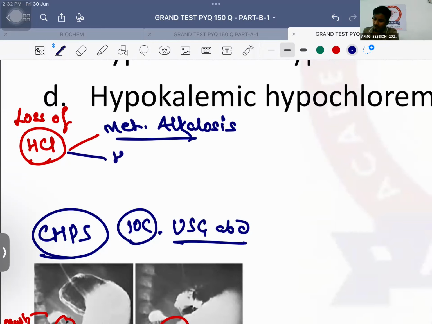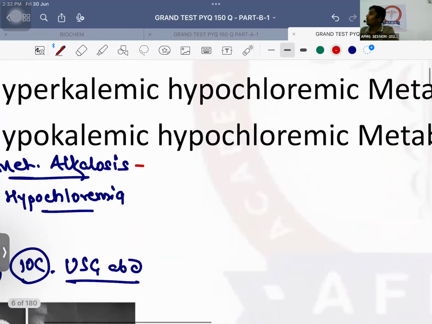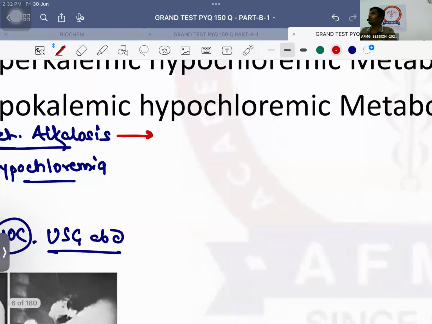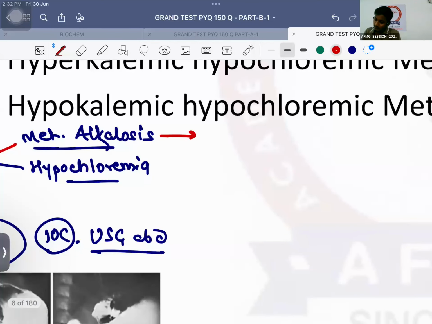Now Cl minus are lost, therefore the patient will have hypochloremia. Now, as there is metabolic alkalosis in your body, what will the body try to do? The body will try to restore, or again normalize, the body pH. To normalize the pH now, it should kick out which substances from the body?